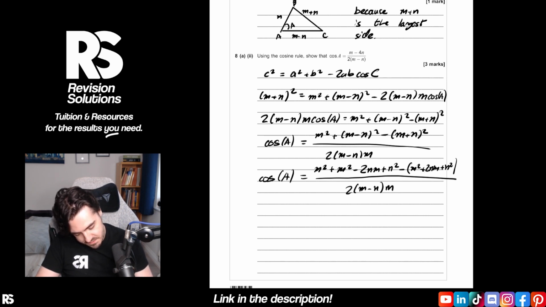And some things are going to cancel here. So we can cancel off this m squared with this m squared here. And we've got an n squared that is going to cancel as well. This n squared will cancel with that one there. So let's condense down the terms that we have remaining. Now we'd have cos A would equal, we've just got an m squared on the top, and then we'd actually have minus four lots of nm.